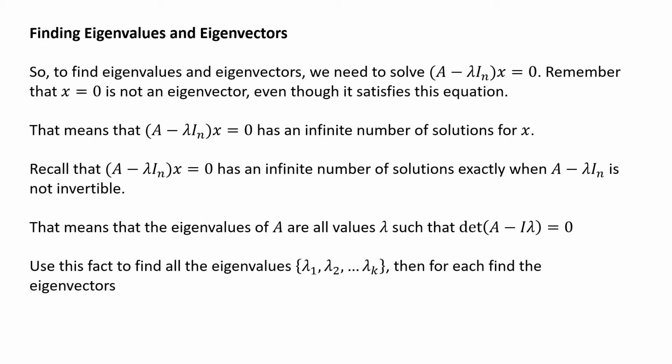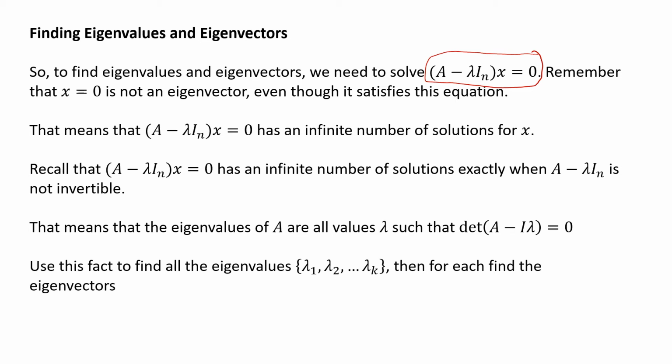So to solve this, we have to solve that equation. Now remember that x equals 0, the 0 vector, we don't consider that an eigenvector, okay? So we're looking for things other than the 0 vector that will solve this equation.